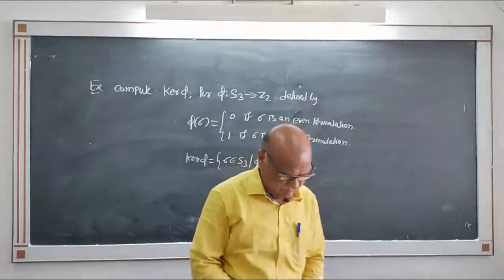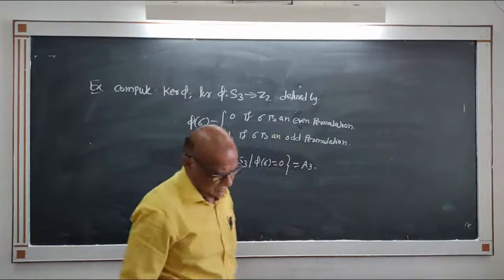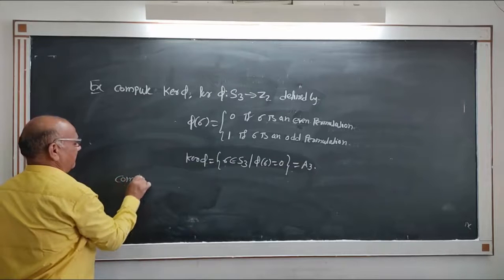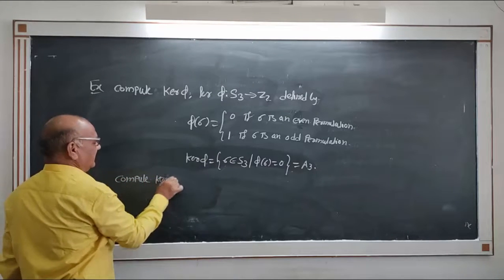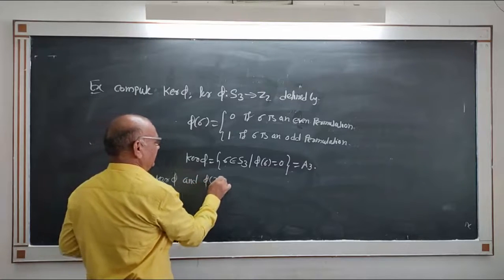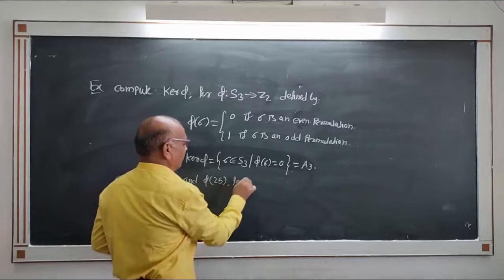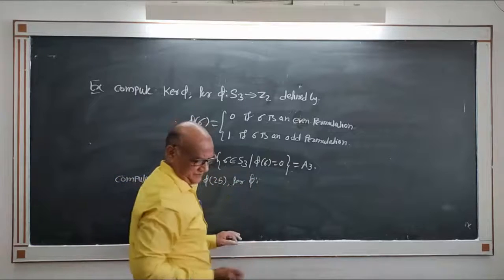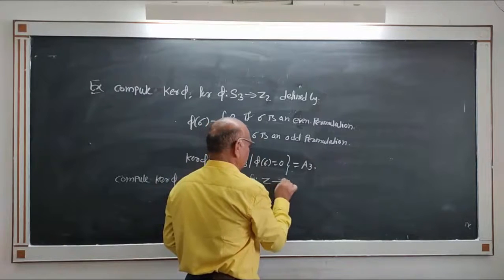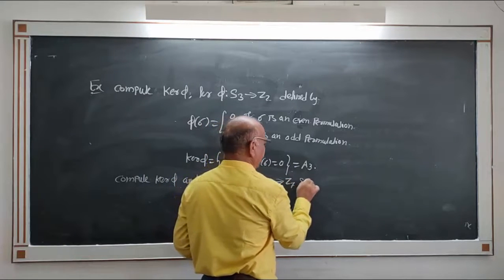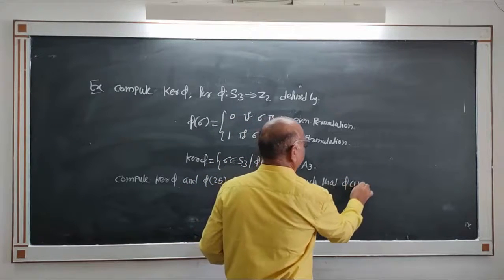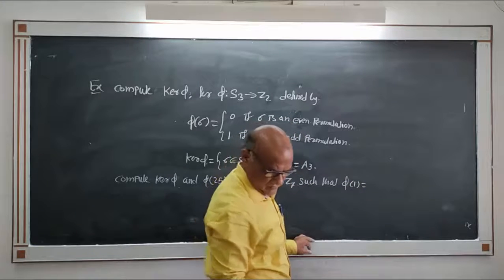Now another example. Compute kernel phi and phi of 25 for phi a mapping from Z to Z7 such that phi of 1 is equal to 4.